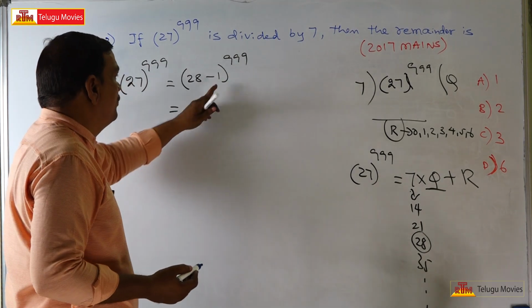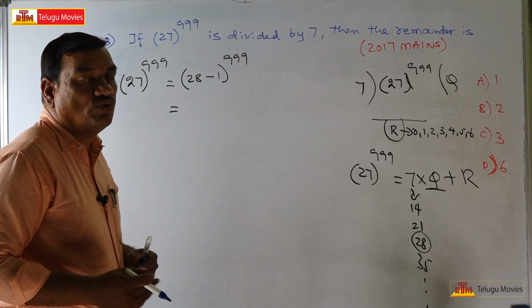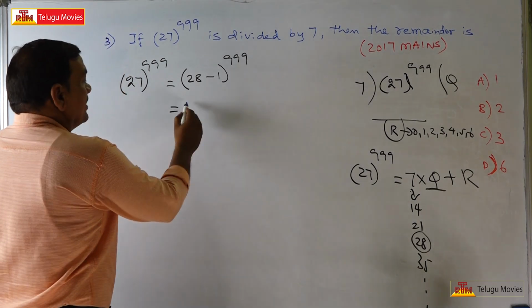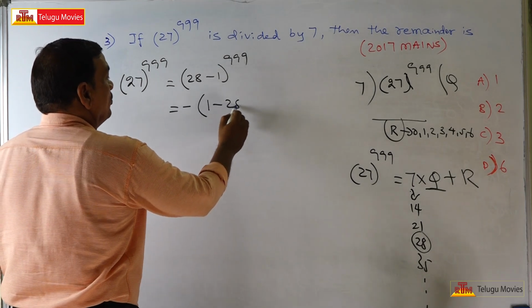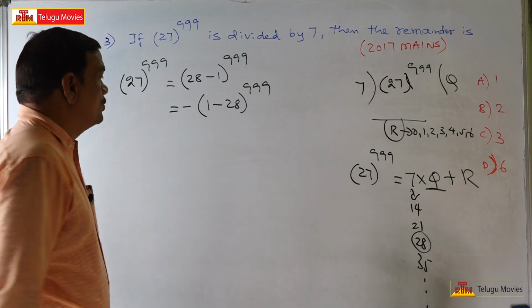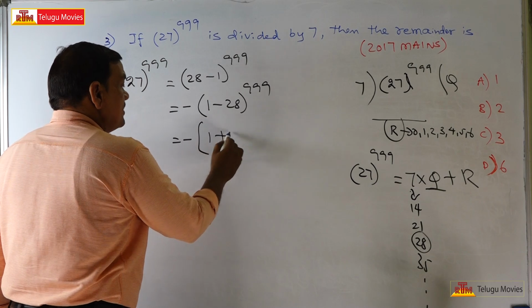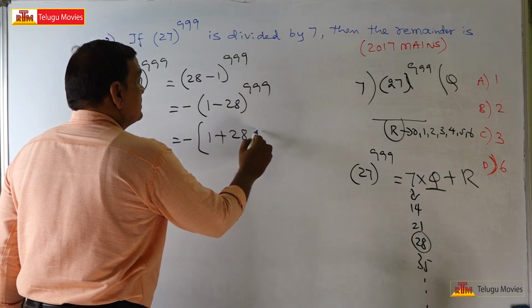1 minus 28 if you take, but in the exponent what is there? 999, which is an odd number. So it can be written as minus (1 minus 28) whole power 999. Okay, now this is equal to minus into (1 plus 28 into some integer).